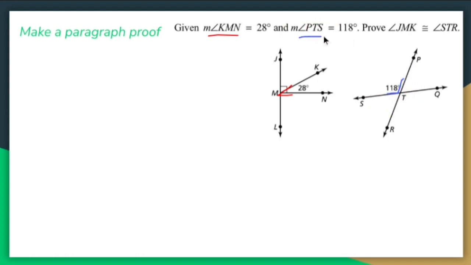I have to prove that JMK, the angle right here, is congruent to angle STR, which is this angle right here. So I have to show that these guys are congruent by using numbers like 28 and 118.